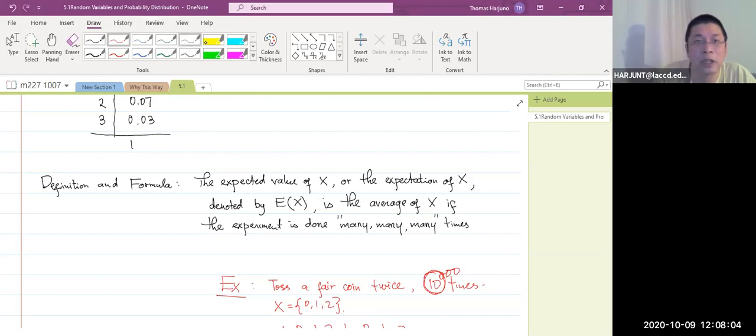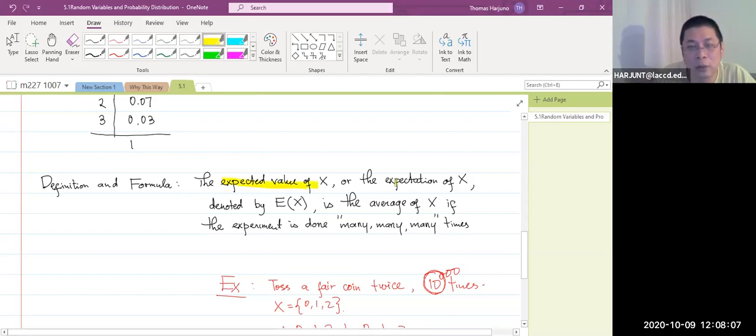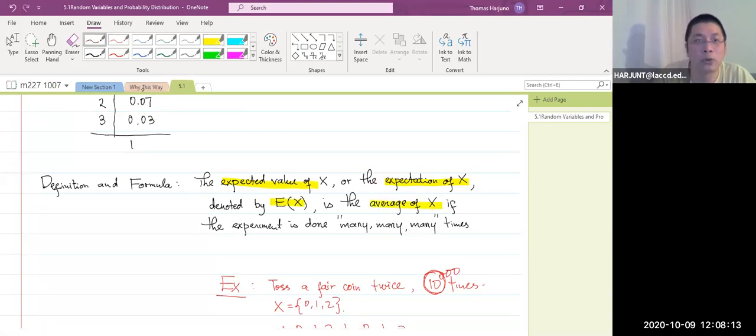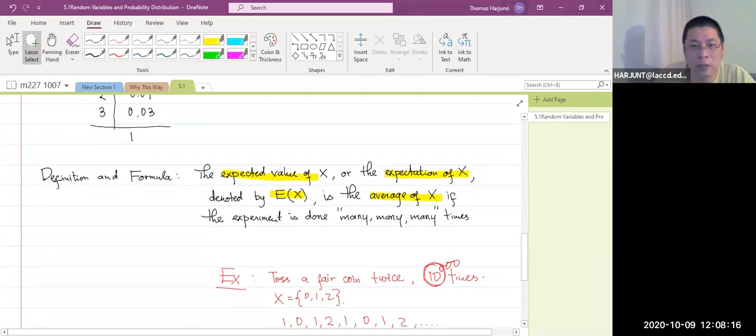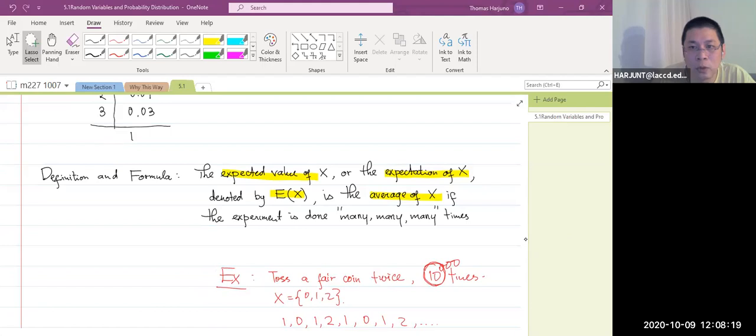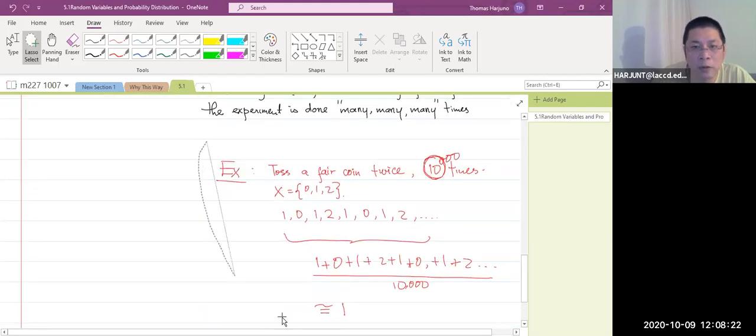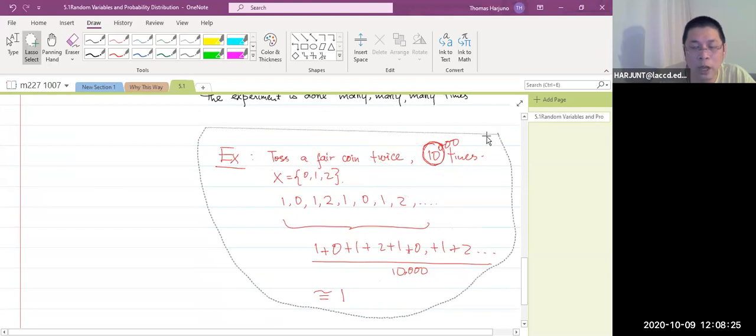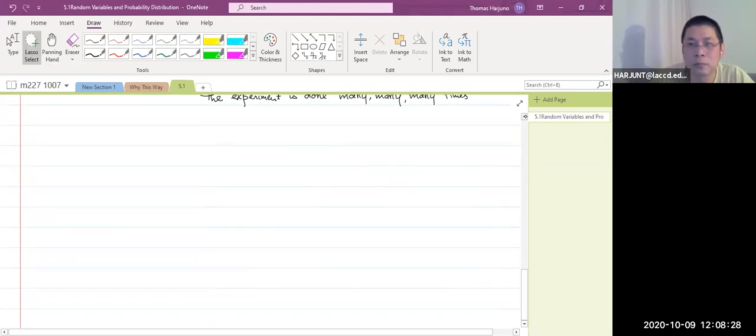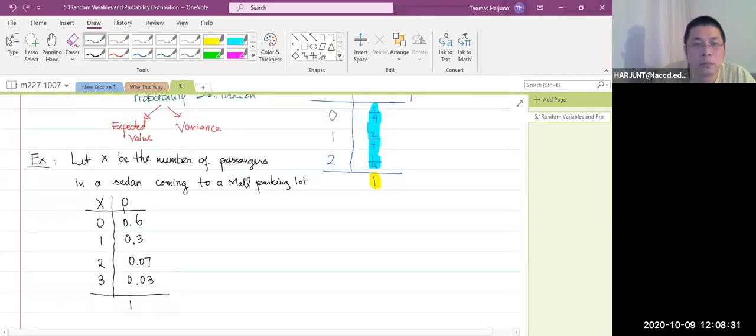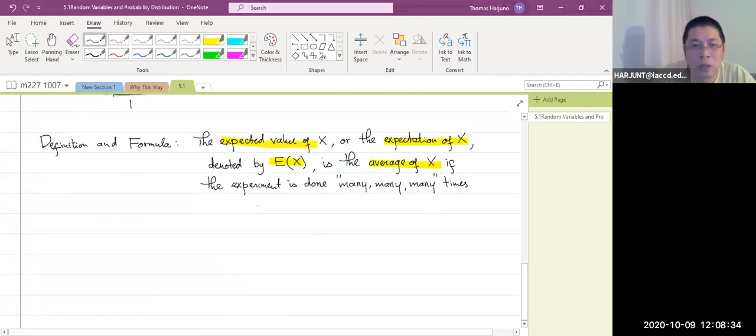Because the expected value of X, or expectation of X, denoted by E(X), is the average of X, we also denote the expected value of X by mu X. Expected value of X is also denoted by mu subscript X, or if the context is clear, you can just call that mu, because it is basically the average.